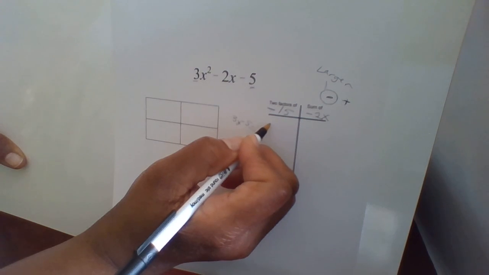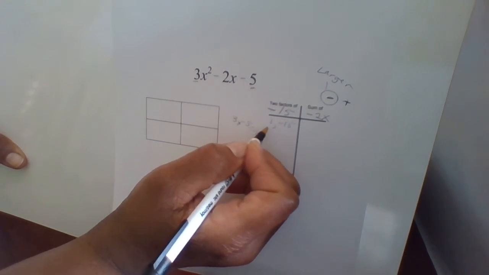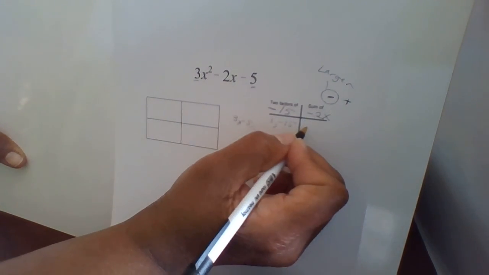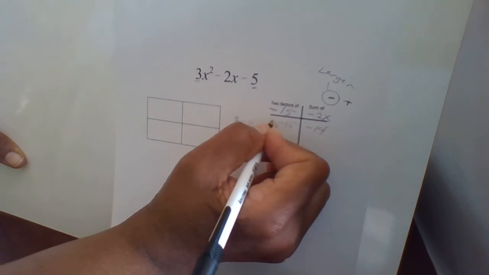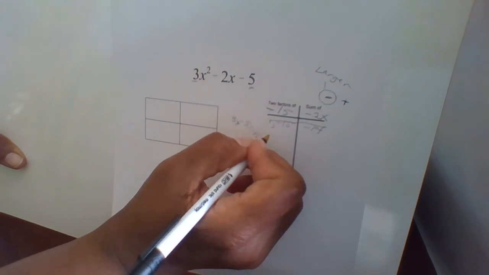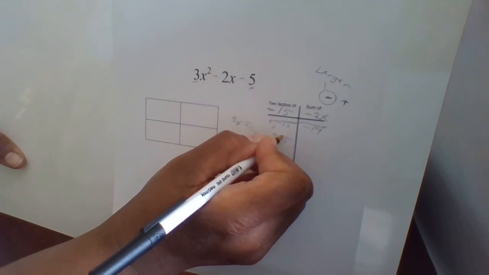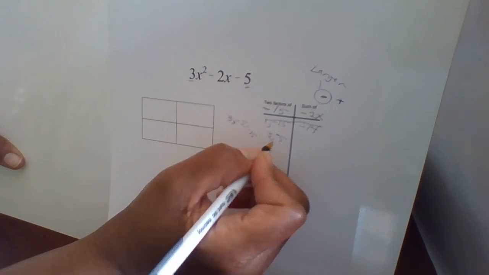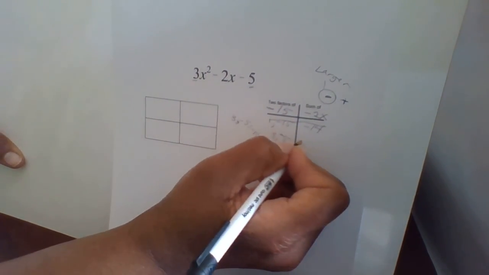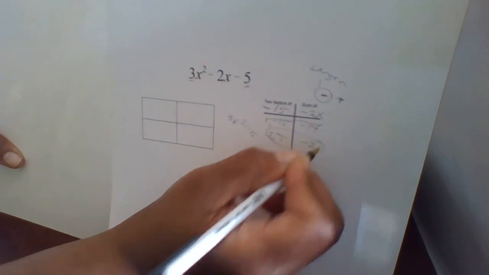So the factors of 15 are 1 and negative 15. 15 is the larger number, but if I combine these two, I get negative 14. That can't be it. The next ones for 15 would be 3 and 5. 5 is the greater number, so it's going to be negative. And 3 plus negative 5 is negative 2x. There are my two factors.